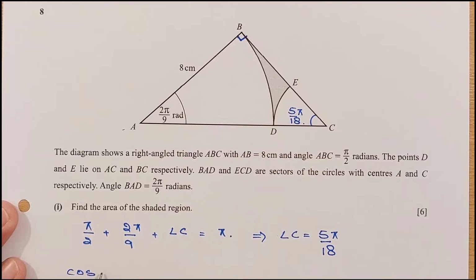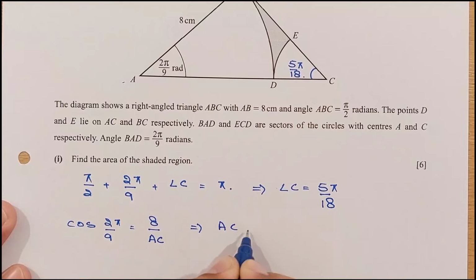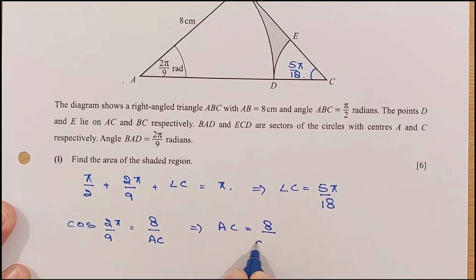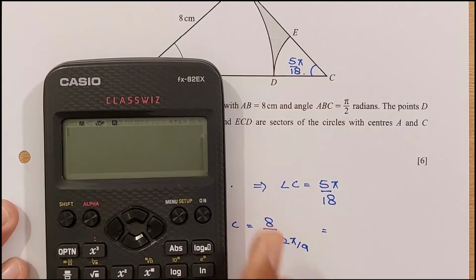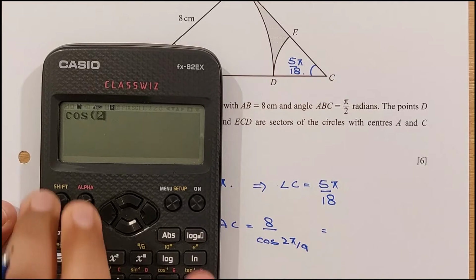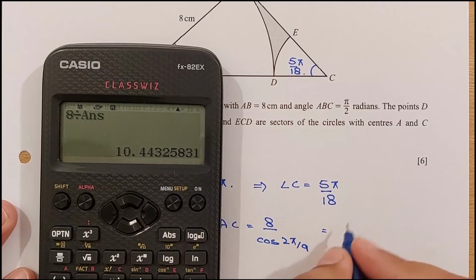So cos of 2 pi by 9 is adjacent over hypotenuse, that is 8 over the hypotenuse AC, right? To get the value of AC, we can say 8 over cos of 2 pi by 9. Let me simplify this. Okay, so cos 2 pi divided by 9 and 8 divided by the answer. This is 10.4.